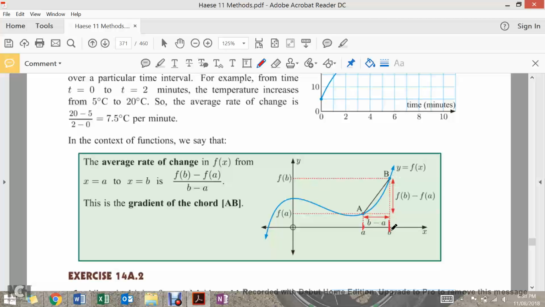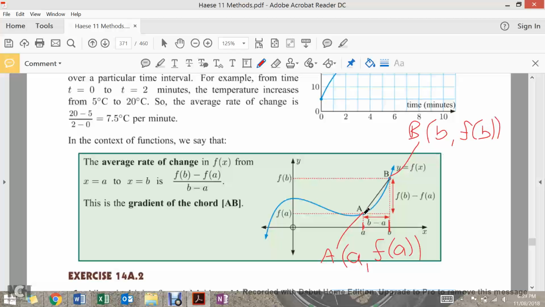Same over here, we plug our b value into our function, we get that point there. So we've got two coordinates now. Point A is a, f of a, the x coordinate and the y coordinate. Point B is b, f of b. Again, x coordinate, y coordinate.